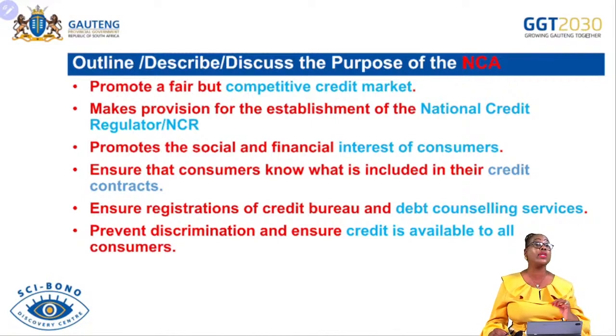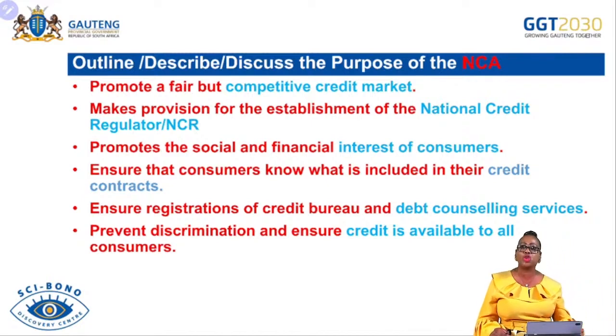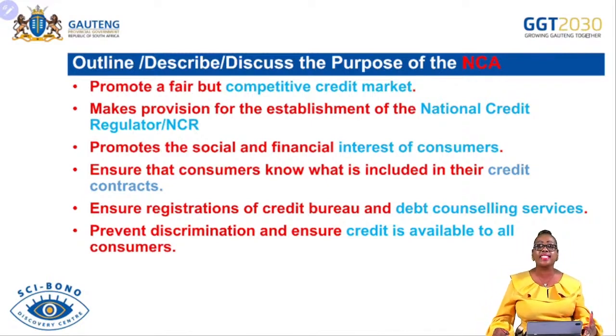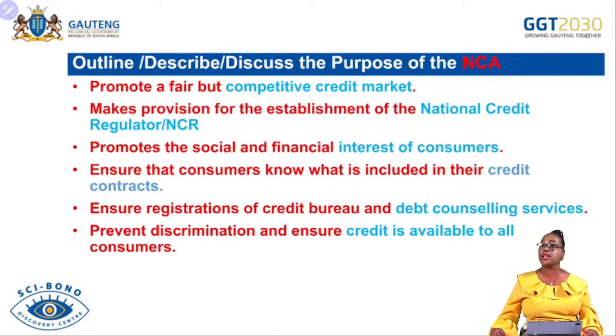If it's going to be outlined, definitely it means we are only going to be touching on important points. But if you're expected to discuss, that means it will be time for you to earn more marks. And how does one manage to earn more marks when discussing the purposes? The only solution is to remember the keywords that are used in the description of the purposes of the National Credit Act.